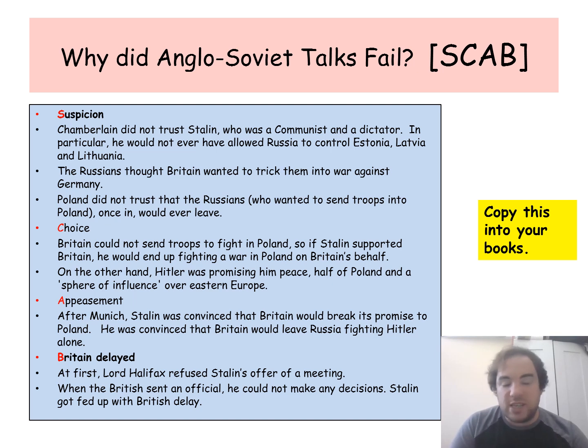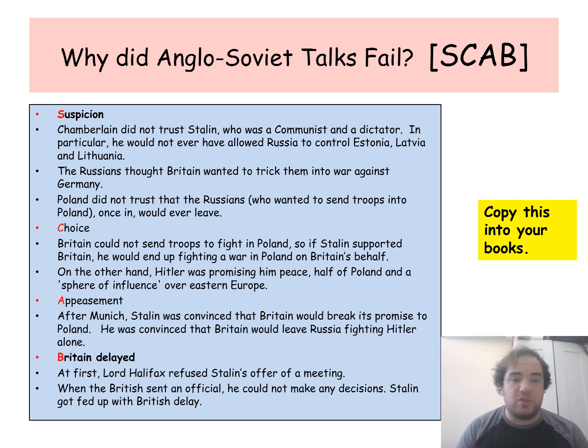Then you've got the choice aspect of things. Britain could not realistically send troops to fight in Poland, so if Stalin supported Britain, he would end up fighting a war in Poland on Britain's behalf, or at least that was what Stalin believed. On the other hand, from Stalin's perspective, despite their huge ideological differences, which we will look at in more depth in the next lesson, Hitler was promising him peace, half of Poland, and a sphere of influence over Eastern Europe.